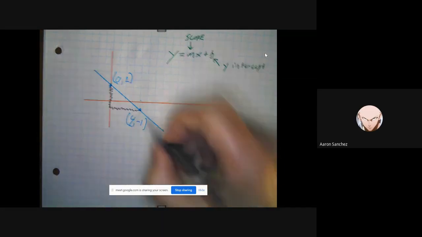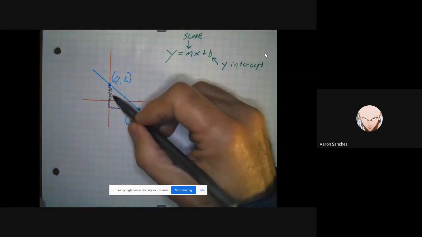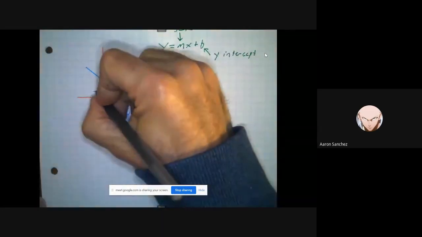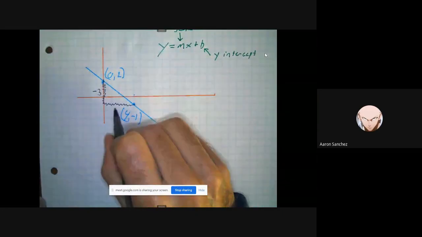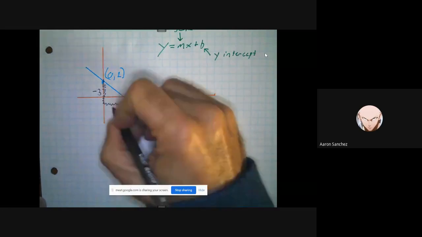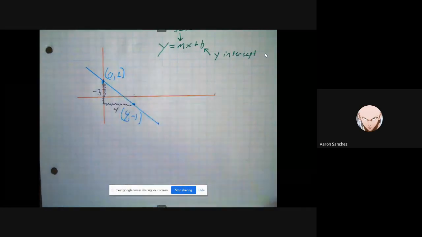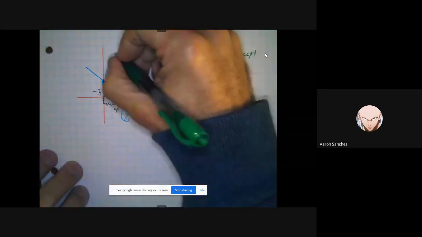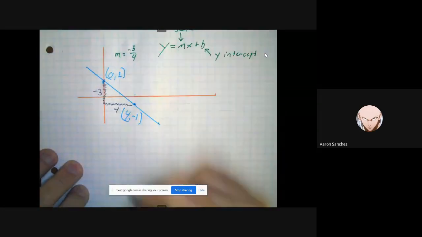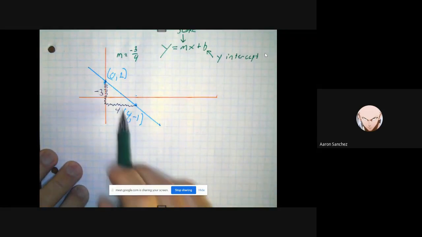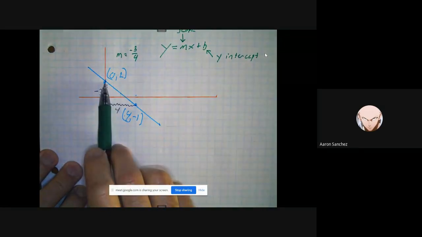So you count the squares. 1, 2, 3 down. I go -3 down. I go from here, I go 1, 2, 3, 4 over. So my slope is -3 over 4.